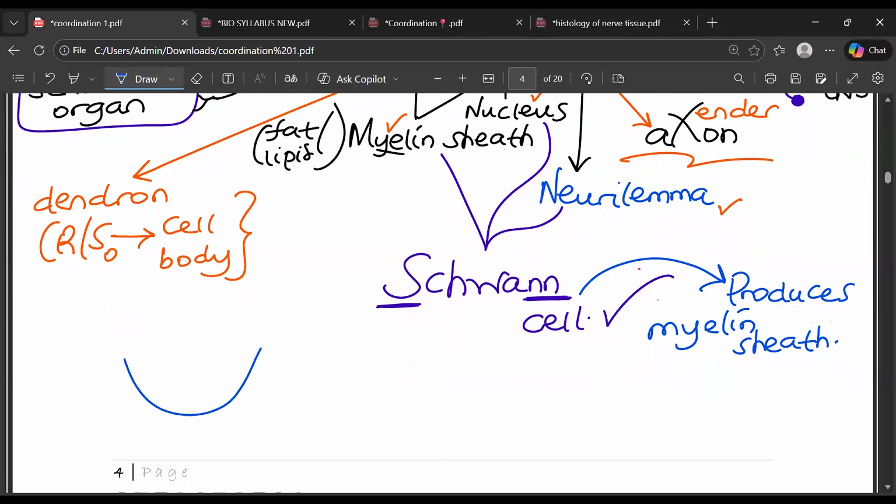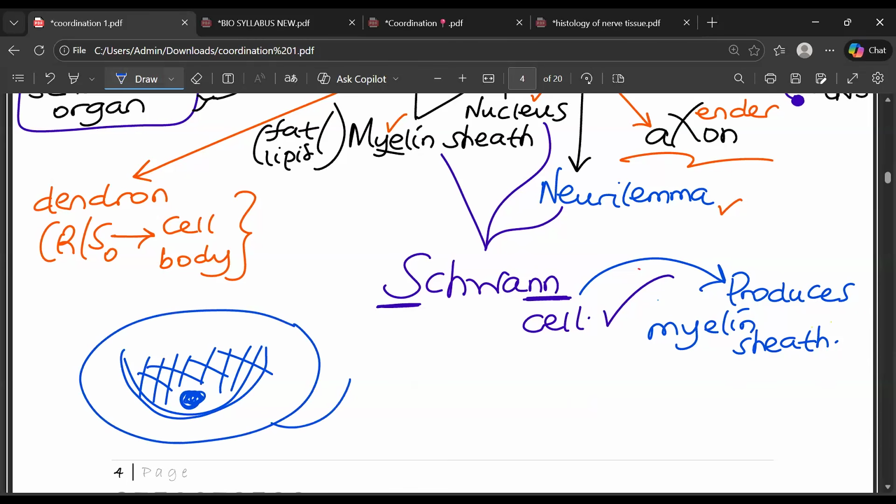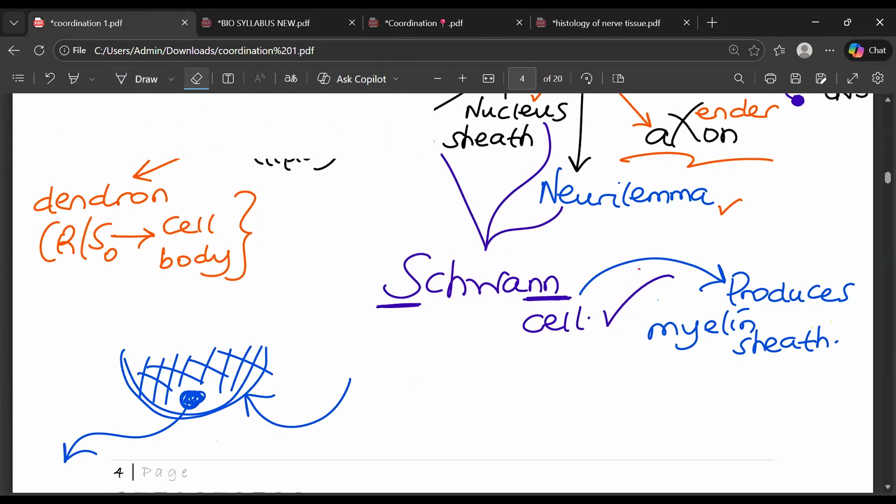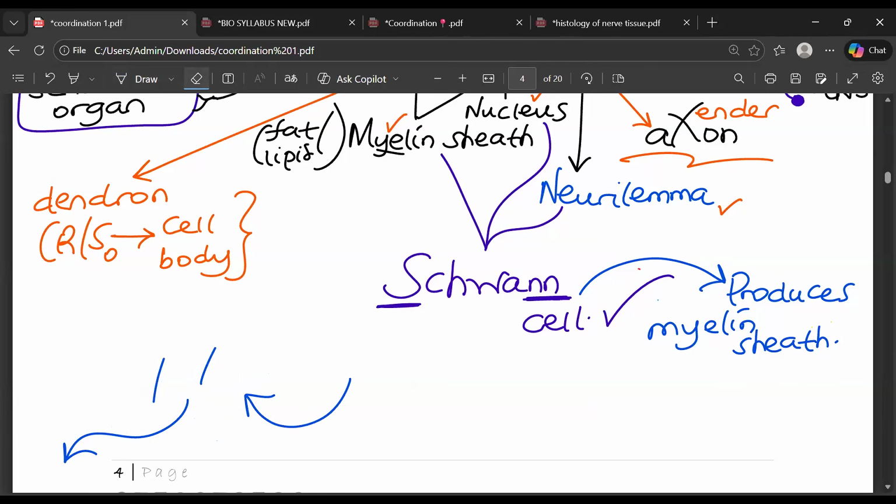You have the sheath, you have the nucleus, this is the sheath around the nucleus, then the membrane enclosing everything. You can see now it's a complete cell with the neurolemma, the nucleus, and the surrounding myelin sheath, making up a complete cell, the Schwann cell. Schwann.